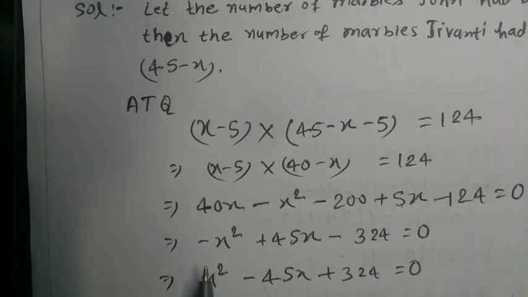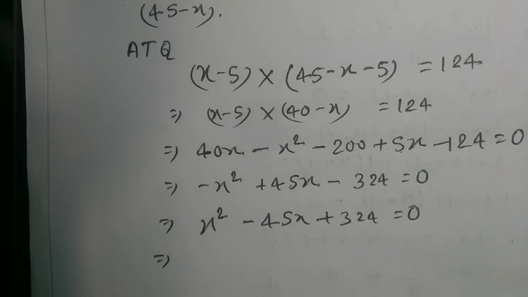Minus x square into minus 1 is x square, minus 45x into minus 1 is 45x, minus 324 multiplied by minus 1 is plus 324. Okay, now the coefficient of x square is 1, so multiplying 1 into 324 we get 324.